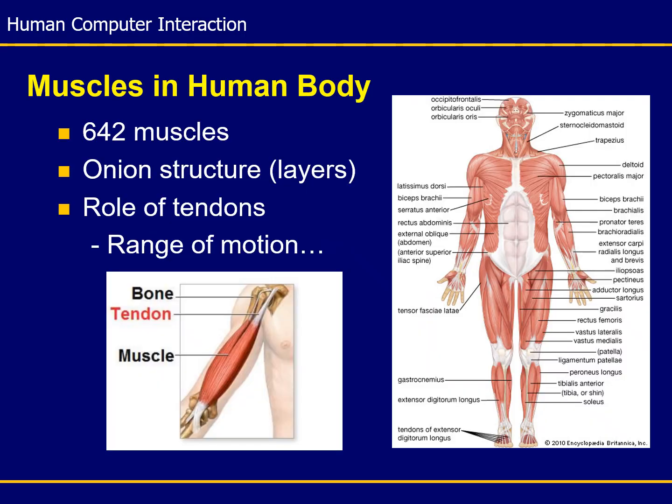So here is our body. What you see here is an anatomical chart of the human muscle system. We have 642 muscles. They are layered on top of each other, almost like an onion. That's how it's often described in medical textbooks.